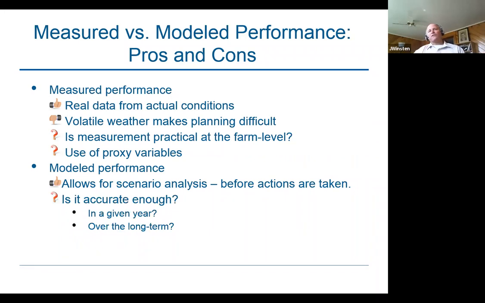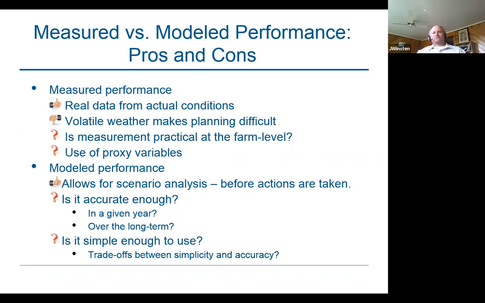Is it accurate enough? Well, in any given year, probably not. Over the long term, if it's a good model, I would hope so. It's also important that the model be simple enough to use and understand; there are probably trade-offs between simplicity and ease of use and accuracy.